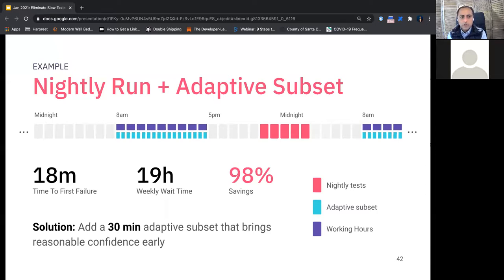Not confidence boxed, right? So now as a developer, when I push changes in, Launchable comes back for this adaptive subset run and says like, look, in the last 10 minutes, Harry pushed in these changes, Drew pushed in another set of changes, and the next adaptive subset is about to run now. So based on these two changes, let's run these tests, right?